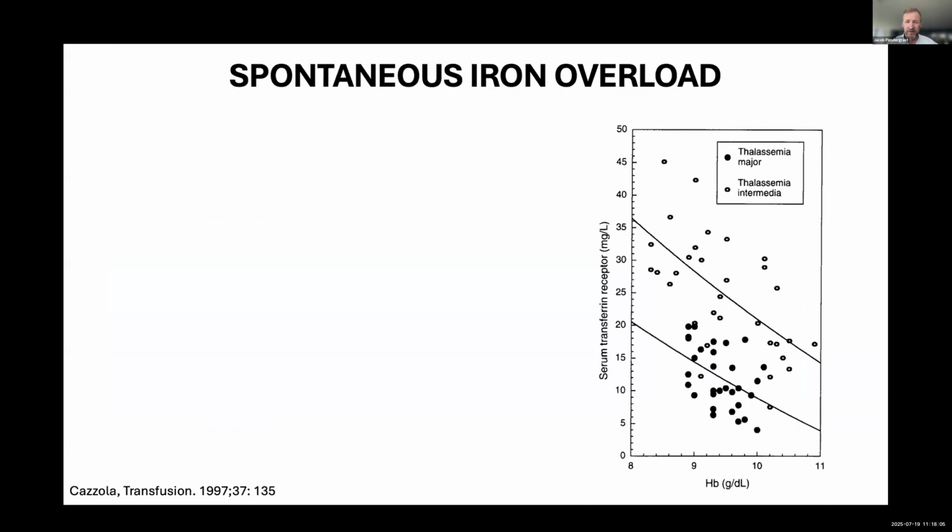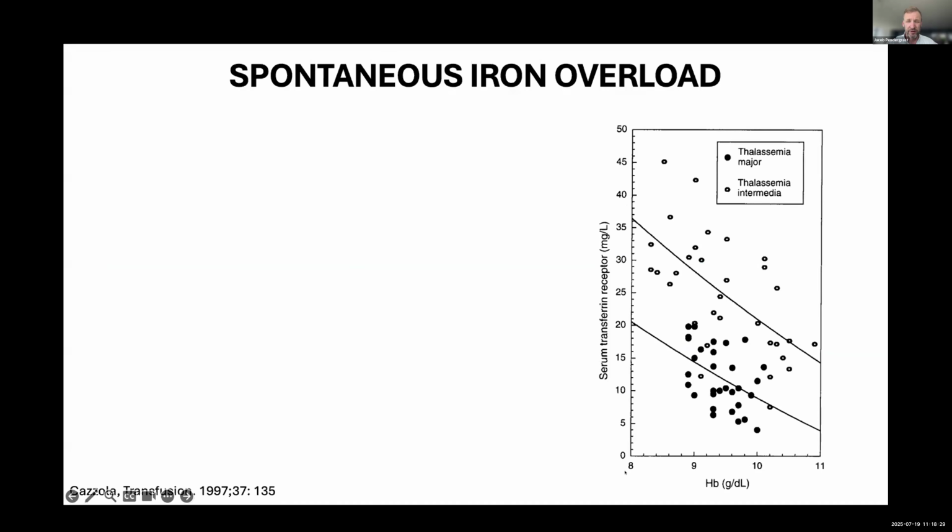And there have been studies looking at how the rate of iron overload correlates with the size of your bone marrow. And one of the ways that we look at how much bone marrow you have is the soluble or serum transferrin receptor level. You can see on this axis that this tends to go up the lower your hemoglobin is.